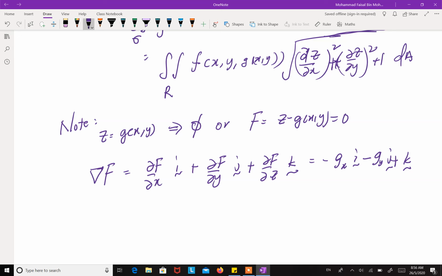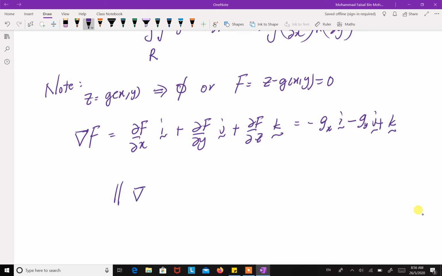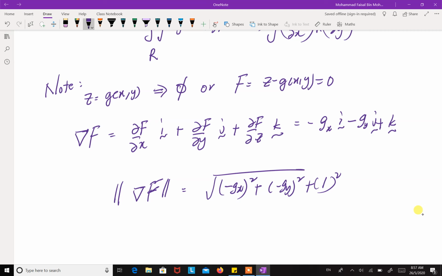The magnitude of the gradient of f will be the square root of negative g_x squared plus negative g_y squared plus the coefficient of k, which is 1 squared, that is 1.